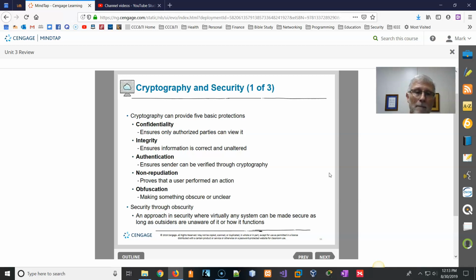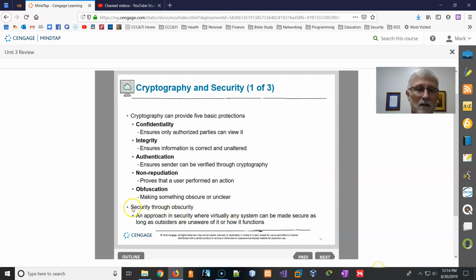Non-repudiation provides proof that the user performed an action, so it proves that somebody did something to the data. Obfuscation is basically something that makes it obscure, unclear. So we're trying to do some of these protections in every message.